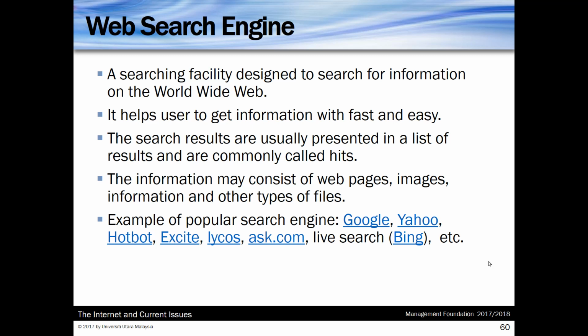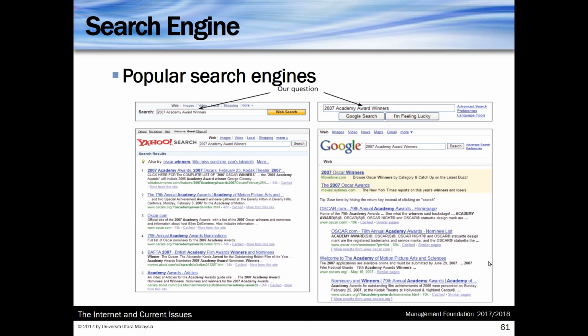The search results are usually presented in a list of results that are commonly called hits. The information may consist of web pages, images, information, and other types of files. Examples of popular search engines include Google, Yahoo, Hotbot, Excite, Lycos, Ask.com, Bing, and etc.